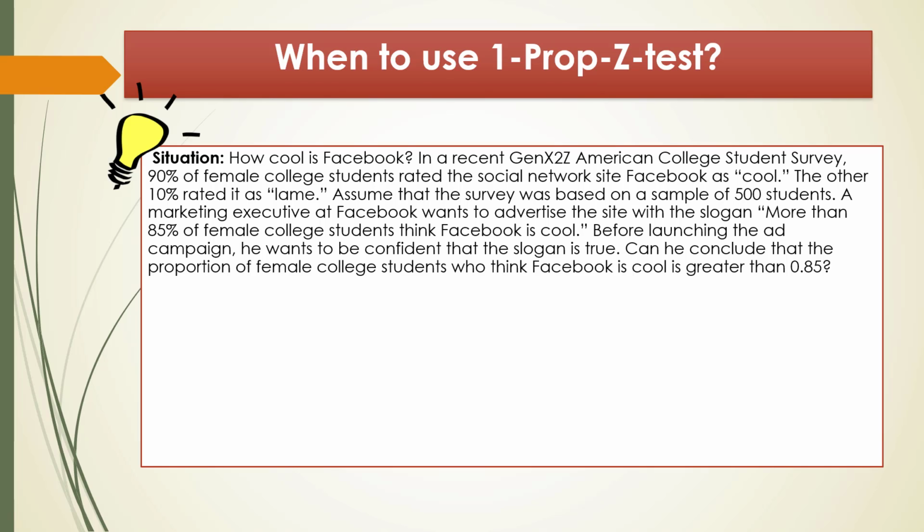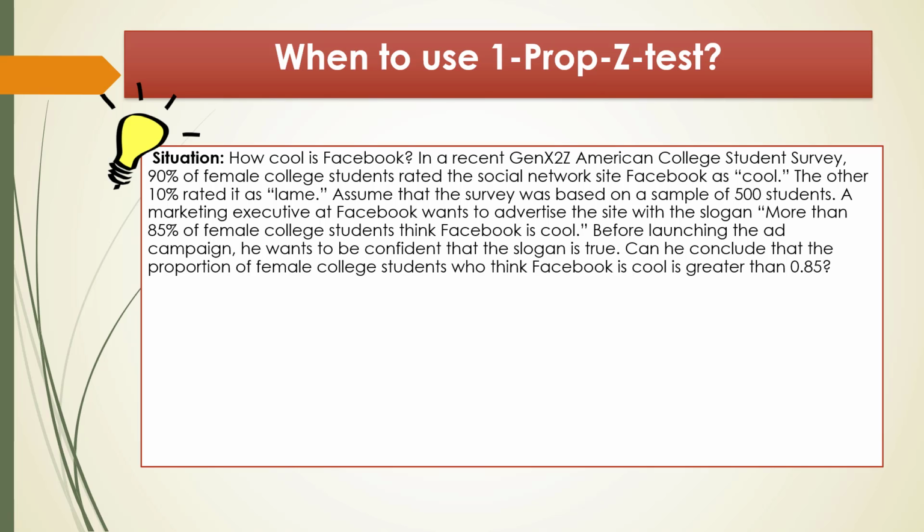A marketing executive at Facebook wants to advertise the site with the slogan, "More than 85% of female college students think that Facebook is cool." Before launching the advertisement campaign, he wants to be confident that the slogan is true. Can he conclude that the proportion of female college students who think Facebook is cool is greater than 0.85?